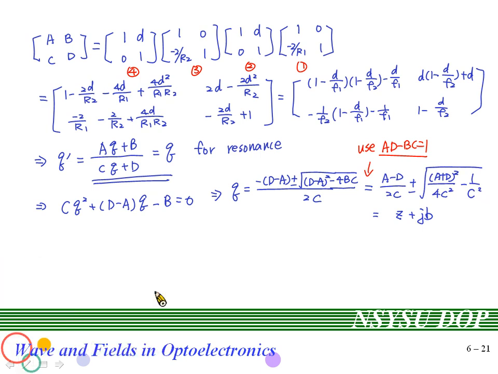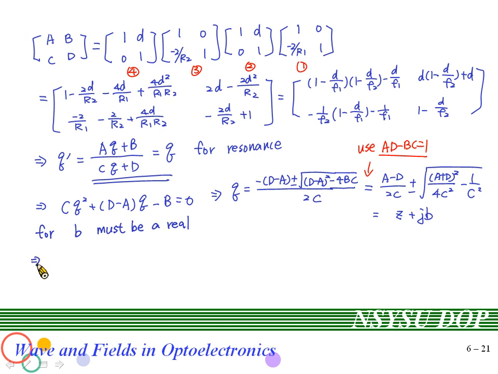We have said that the b value must be a real number. Since b must be a real number, inside the square root it must be a negative value. Then we will have an imaginary part.